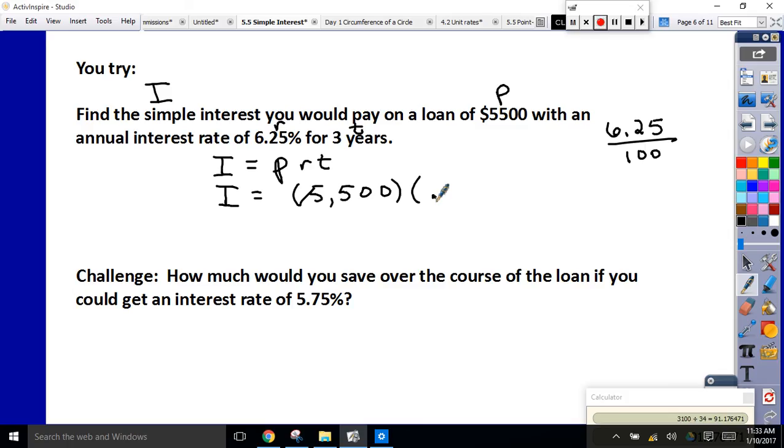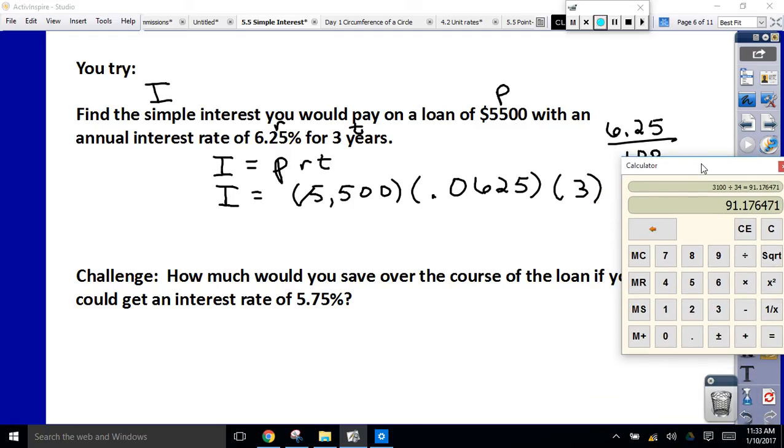0.0625. Good, finish it up. And then multiply by 3. Perfectly acceptable to use your calculator to multiply all these numbers. So we have 5,500 times 0.0625 times 3, and we get 1,031.25.